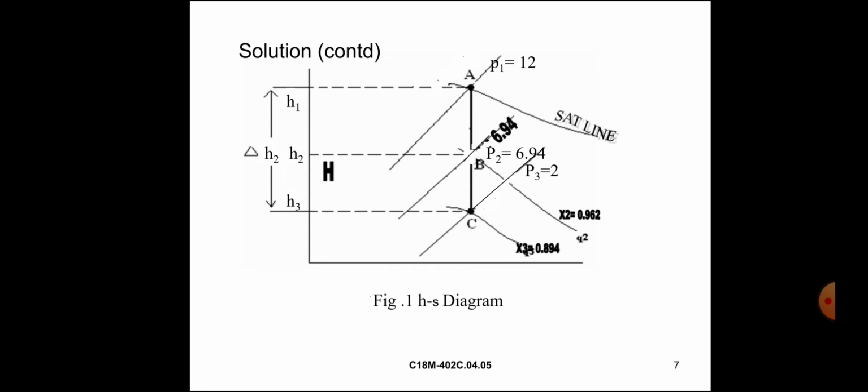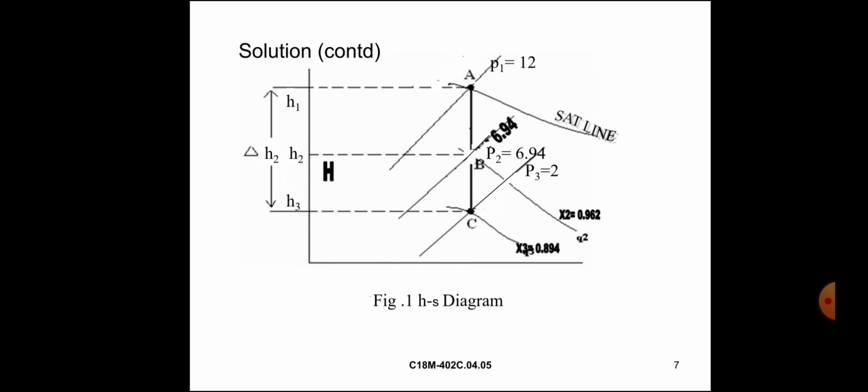Solution. H1, H2, H3 are indicated on the y-axis of the enthalpy entropy HS diagram. Entropy is indicated on the x-axis. Points A, B, C: P1 is 12 bar, B is indicated P2, 6.94 bar, and the C point is P3, 2 bar.